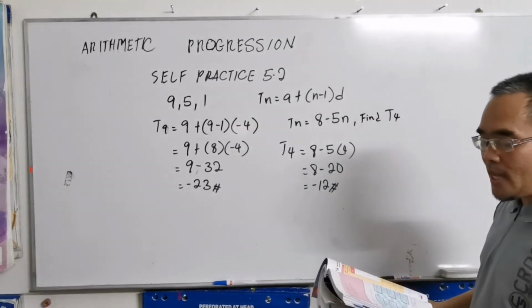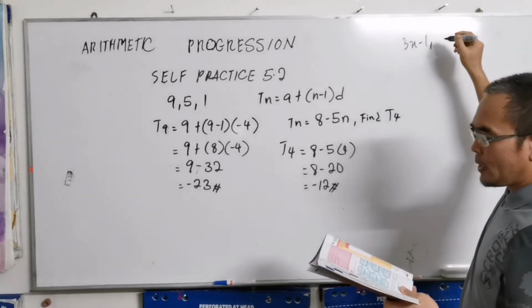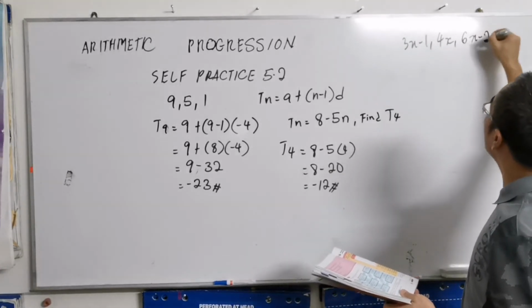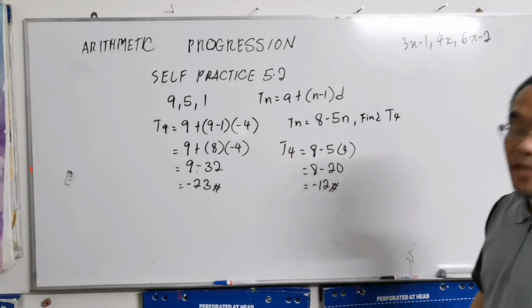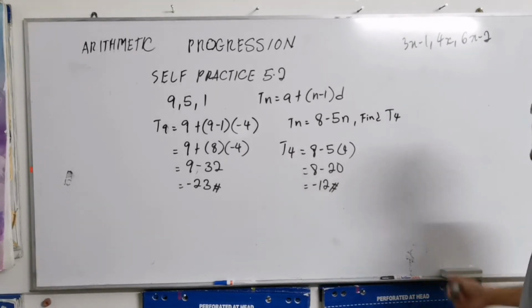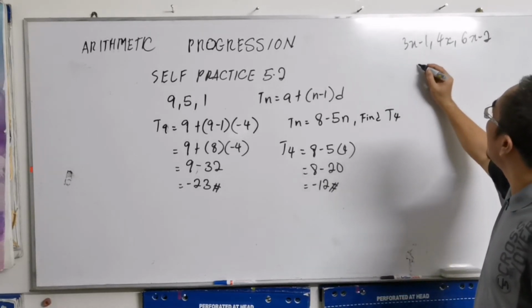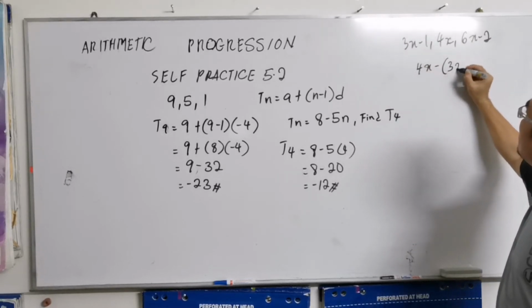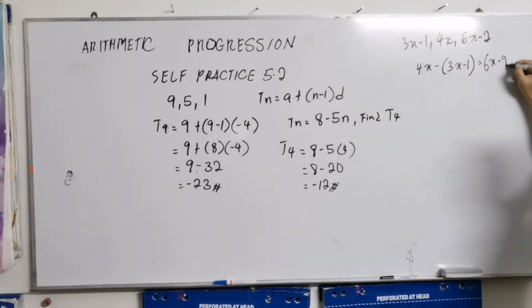The third one is 3x minus 1, 4x, and then 6x minus 2 are 3 consecutive terms, find T6. For this one, we have to find the value of x first. That is, we say the second term minus the first term is equal to the third term minus the second term.